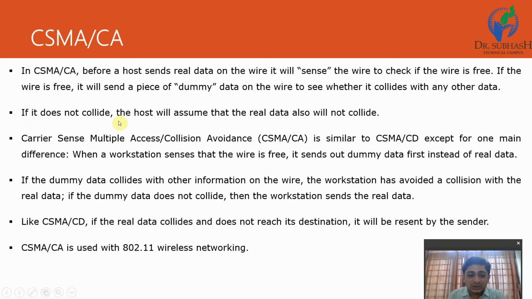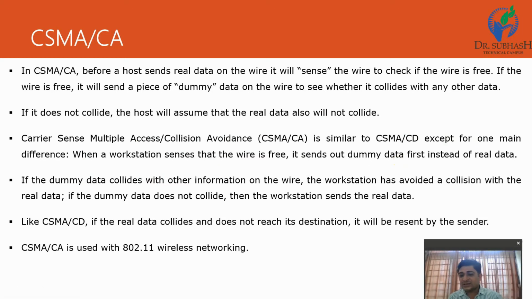If the dummy data does not collide, the host will assume that the real data will also not collide. Carrier sense multiple access, collision avoidance. CSMA/CA is similar to CSMA/CD, except for one main difference: when a workstation senses that the wire is free, it sends out dummy data first instead of real data.